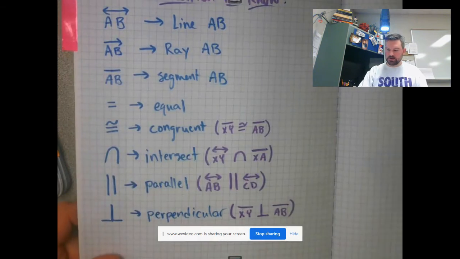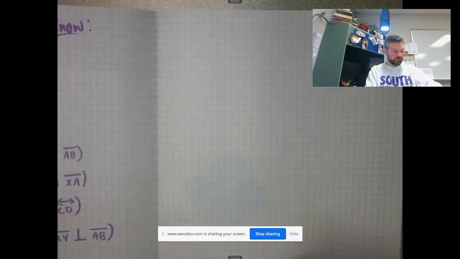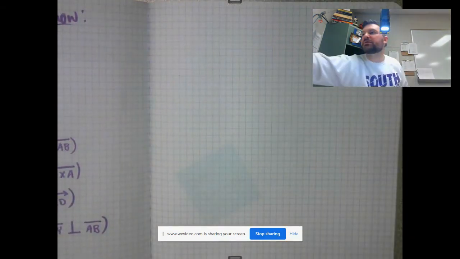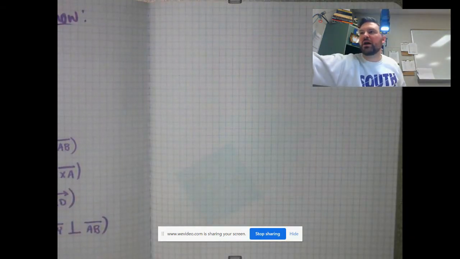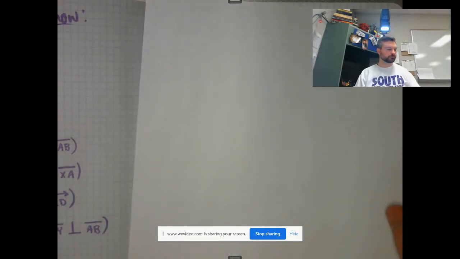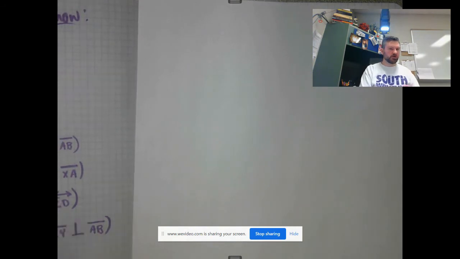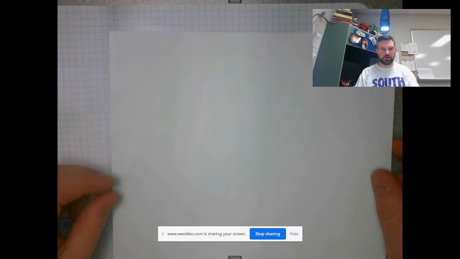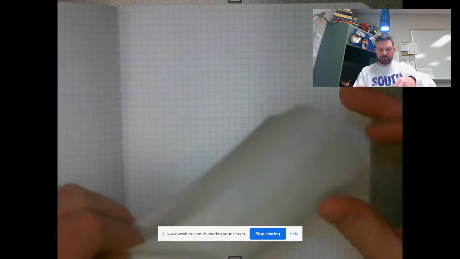All right, let's go ahead and work on a vocab sheet here. Let me get a piece of plain white paper. I have copy paper in the back of the room. Okay, and we're going to fold this into our foldable here. So we're going to fold it first, hot dog style.